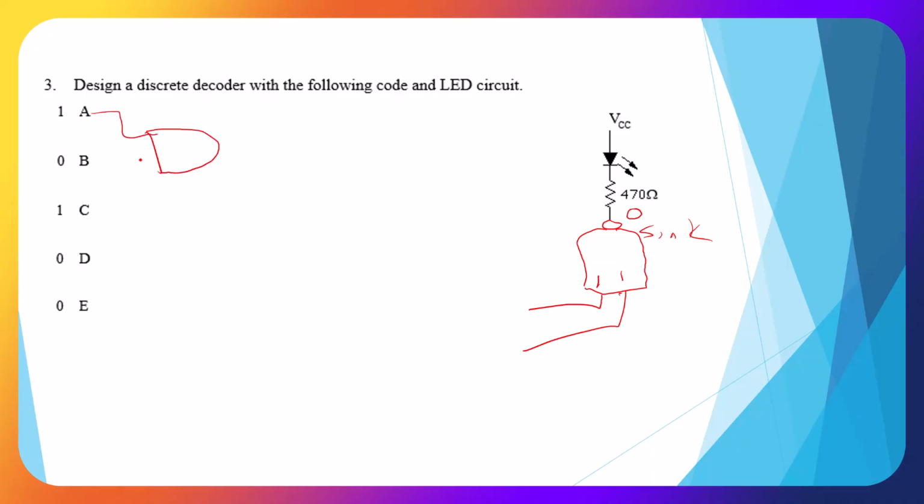So that's a 0. And there's multiple ways for us to do this. So a 0 would be what? A NOR gate. And we could use ANDs and ORs. Okay, this is a 1.